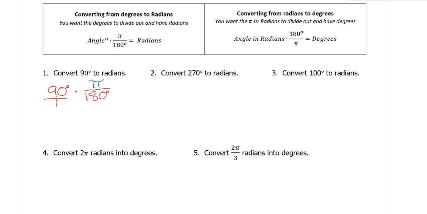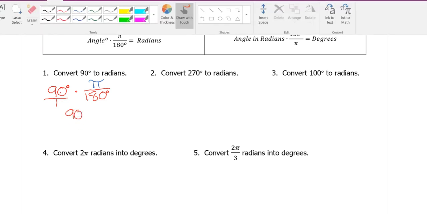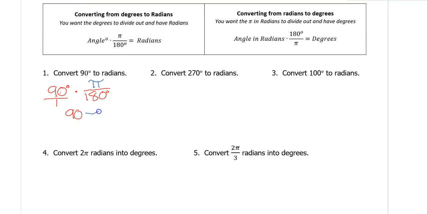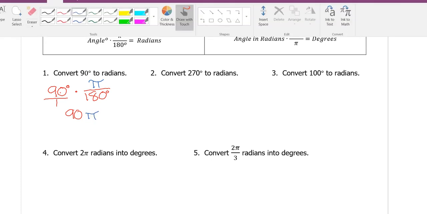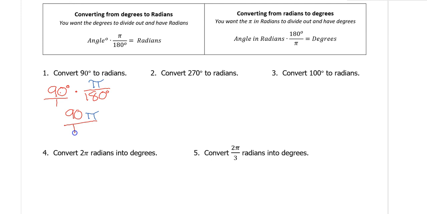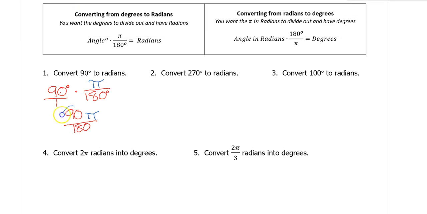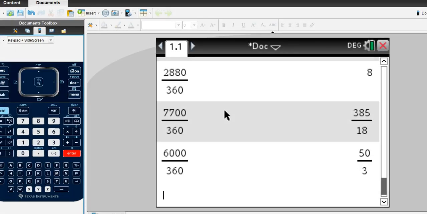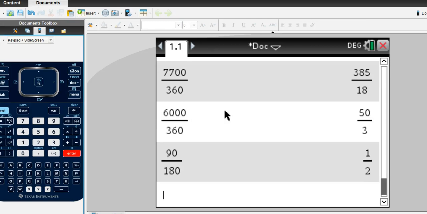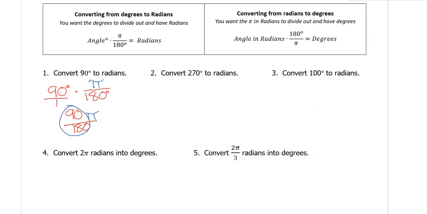This is just multiplying straight across. 90 times pi is 90 pi over 180. Okay. Now, I'm just going to type the numbers in my calculator, not the pi. 90 divided by 180. All right. Which is 1/2. So I get 1 pi over 2 as our final answer there.